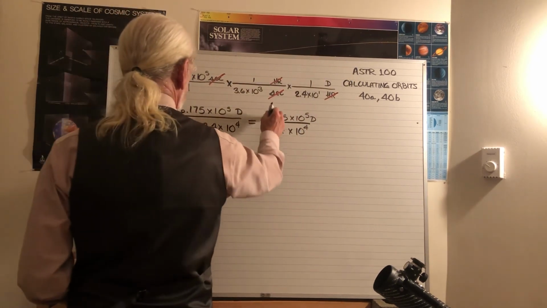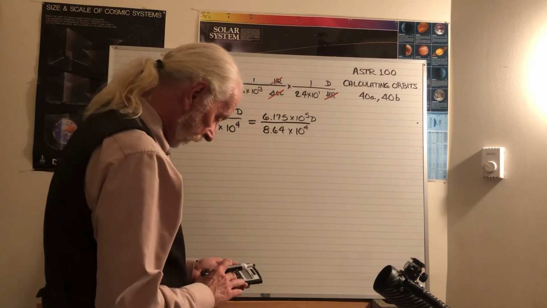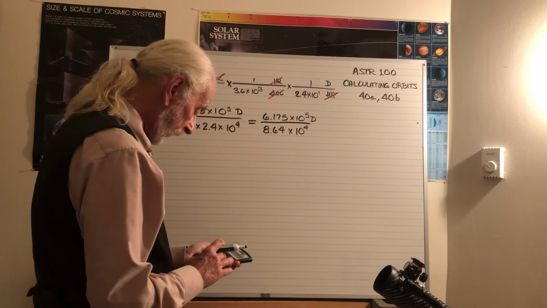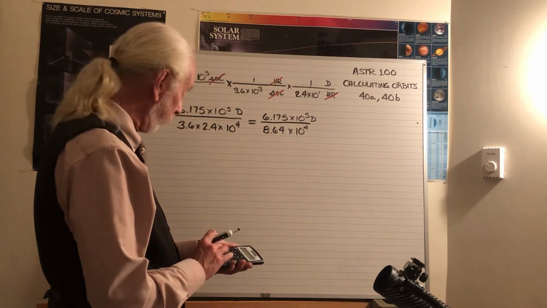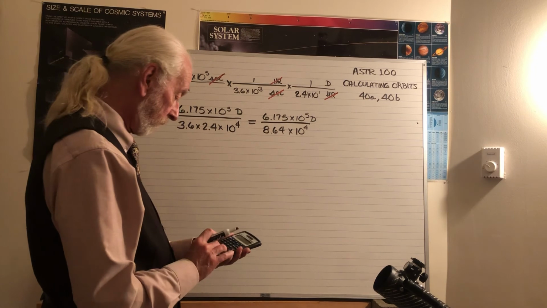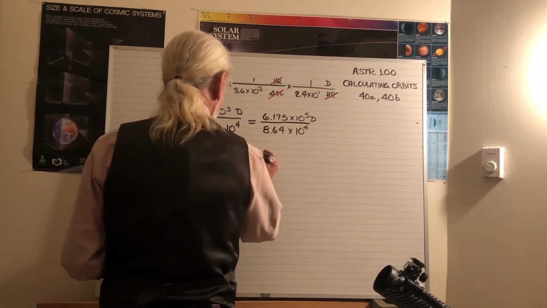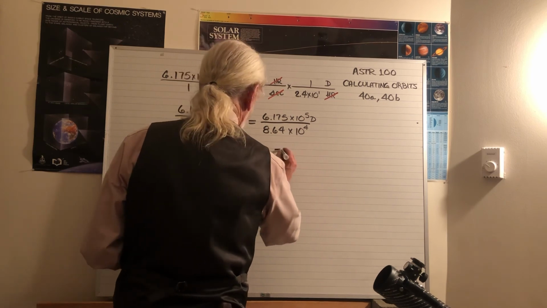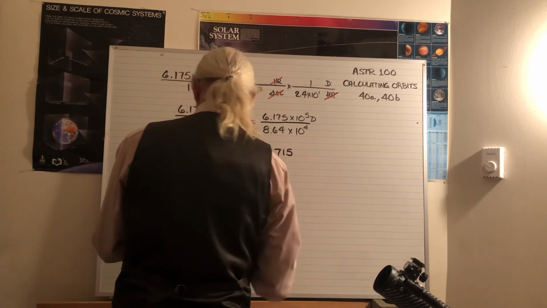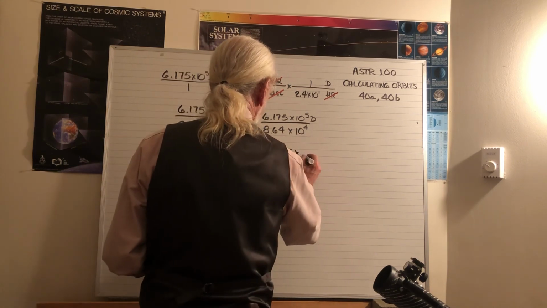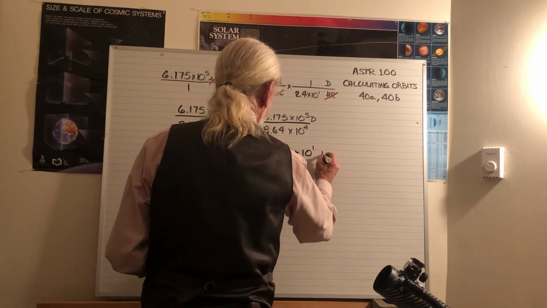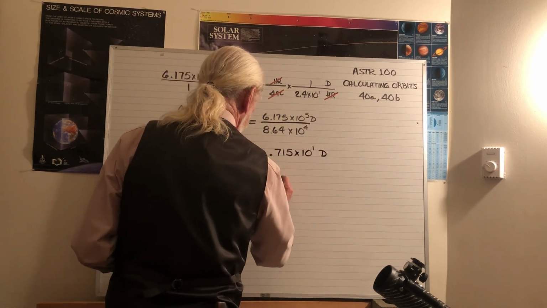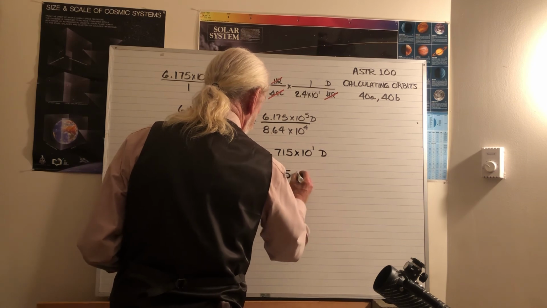So now I'll just divide these. 6.175 divided by 8.64, and I get 0.715 times 10 to the 1st days, or 7.15 days.